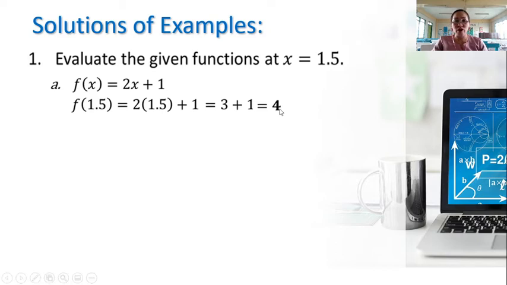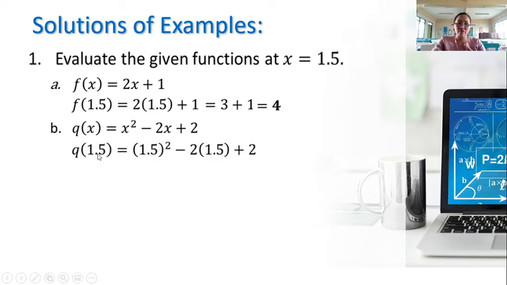Now, let's proceed with letter B, the function q of x, which is equal to x squared minus 2x plus 2. Now, all x's, on both sides of the equation, have to be replaced with 1.5, since that is the specified value that we are looking for. So q of 1.5 is equal to 1.5 squared minus 2 times 1.5 plus 2.